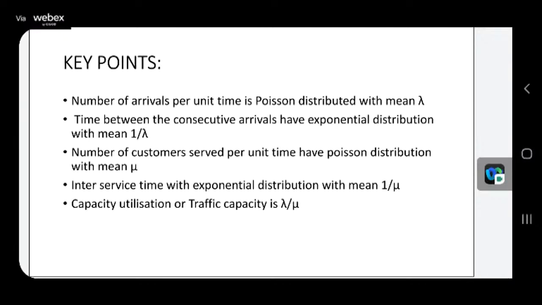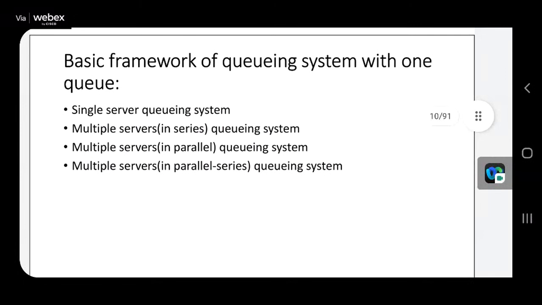Or if you are serving more persons and there are fewer arrivals, then you are running at a loss. Next, I'll explain the queuing system.